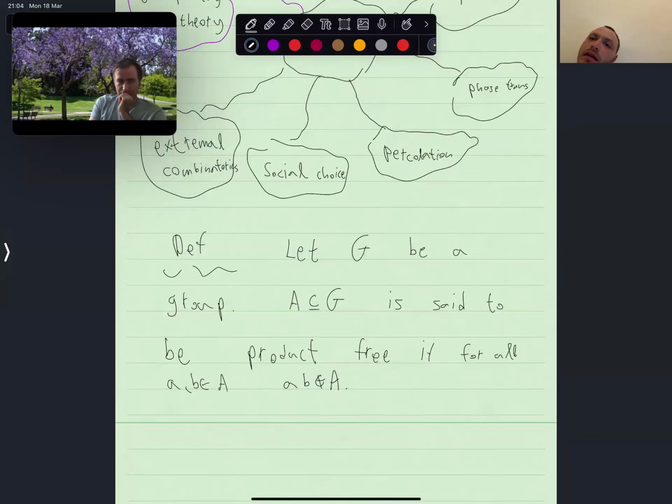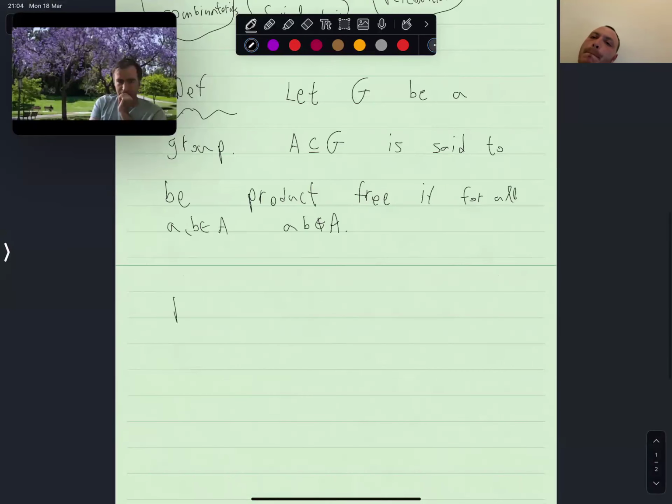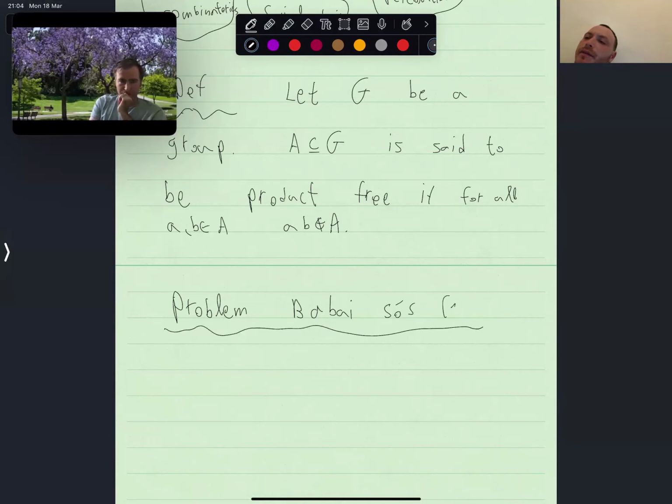And the following problem was posed by Babai and Sós in 1985.